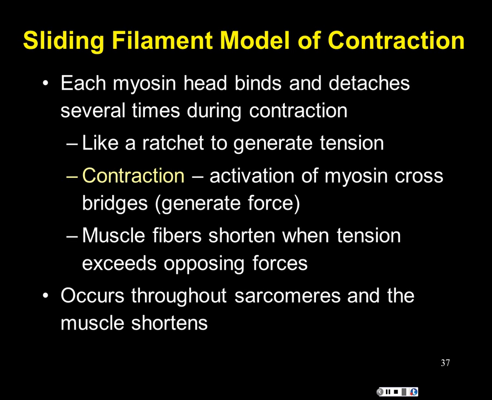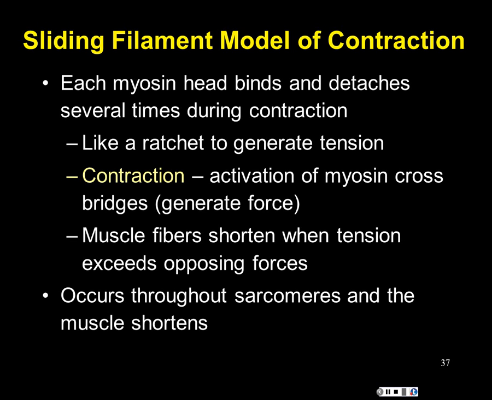So maybe in the margins, in the statement where it says each myosin head binds and detaches during contraction, what I want you to add is when ATP is available. Calcium allows for them to touch, but what we'll add in just a moment is that when ATP is available, the myosin can actually bind and ratchet and give the contraction.